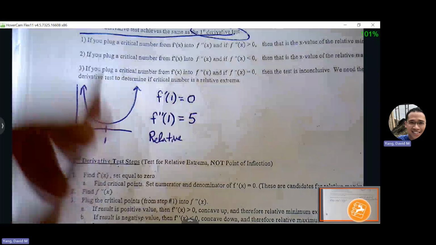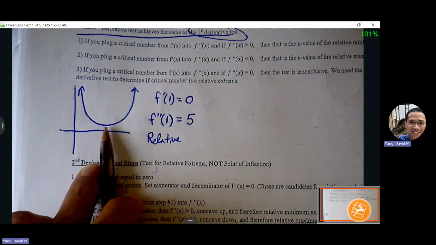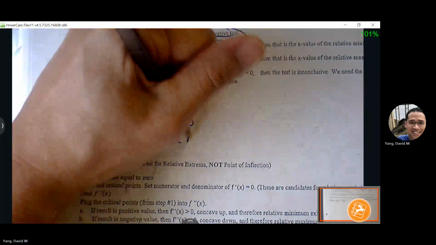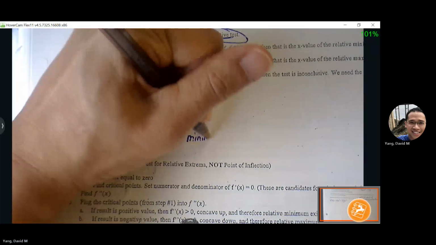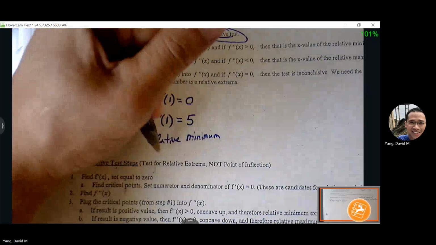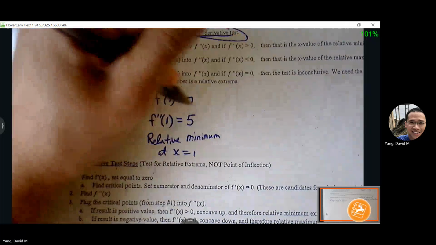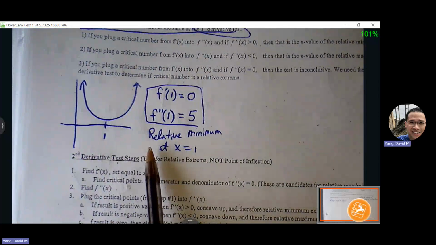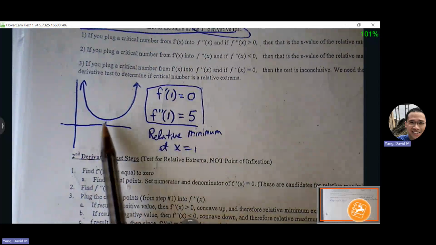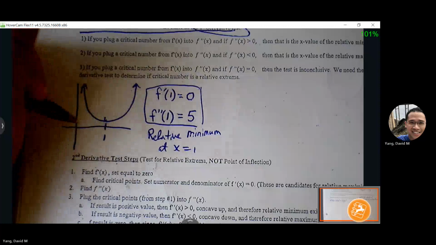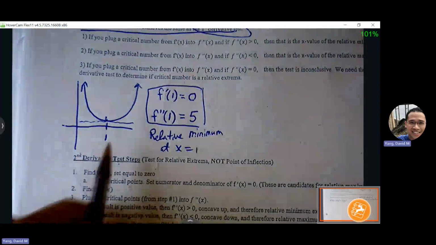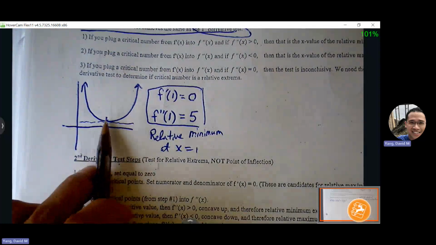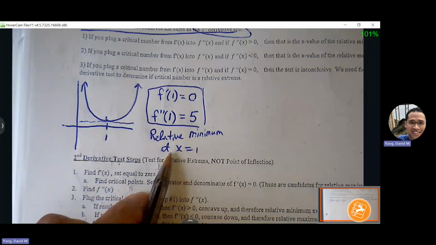Point of inflection? Not point of inflection. This is a relative minimum. So if my slope is 0 and it's part of a concave up graph, then the graph has to look like this, and this point must be a relative minimum.